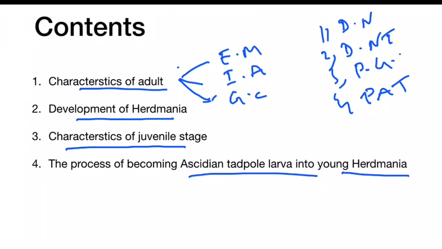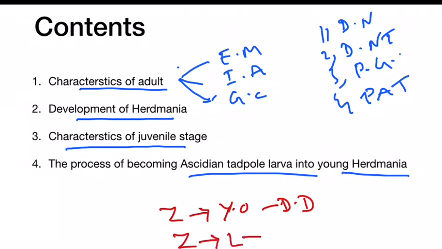If we observe a larval stage in the life history of any organism, that kind of development is called indirect development. Generally, in most organisms the zygote becomes a young organism, and that is called direct development. If the zygote becomes a larva, and that larva undergoes metamorphosis to develop into a young organism, that is called indirect development. So in Herdmania we observe indirect development.